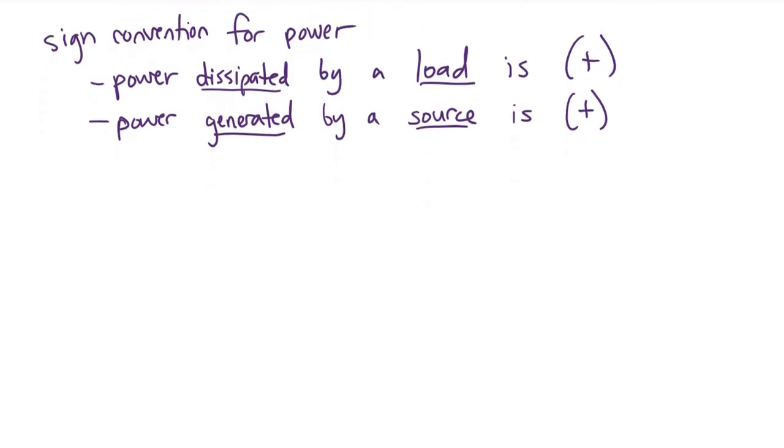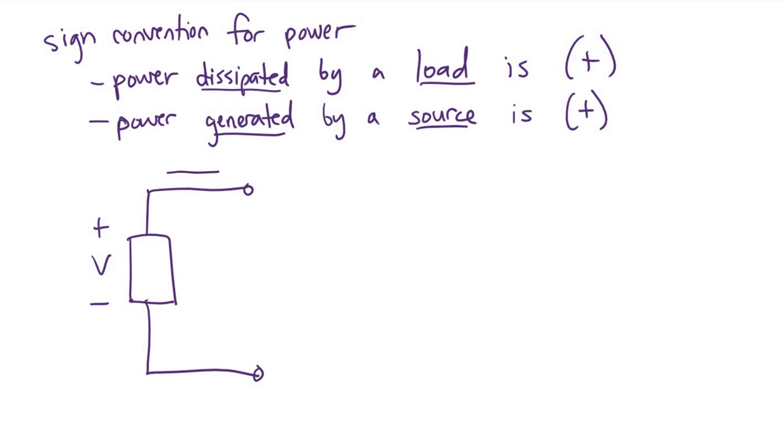Let me just quickly diagram out what I actually mean by that. So if we have some voltage source, it should often be labeled with this minus and plus. And we'll say the current is flowing from minus to plus.